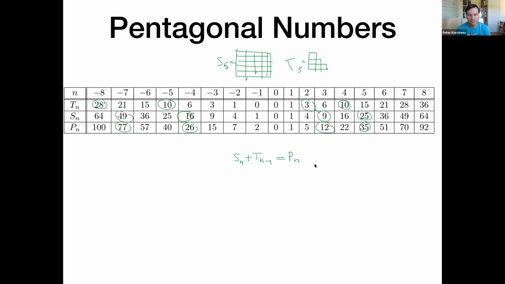What else? Well, I think the Tn numbers increase by 1, 2, 3, 4, 5, 6, 7, like this sequence. Can I annotate? Yeah, absolutely.